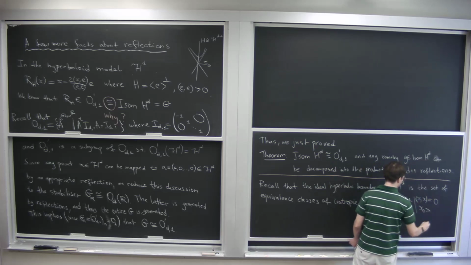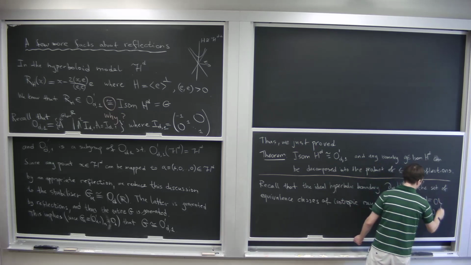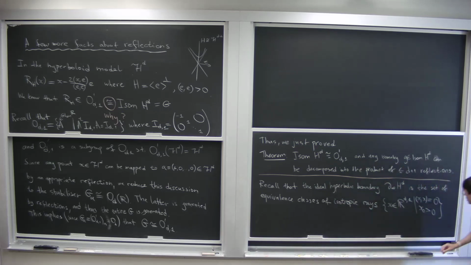And x0 is greater than 0, positive, and I should take the quotient by the group of positive real numbers.